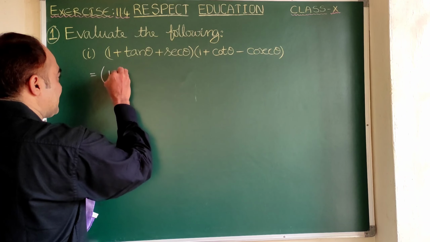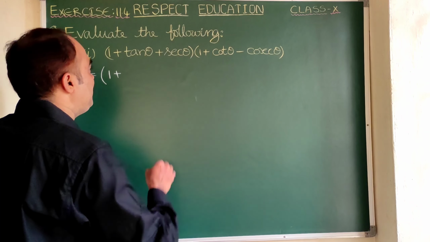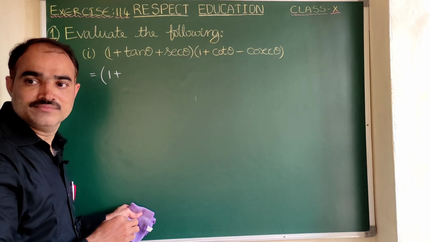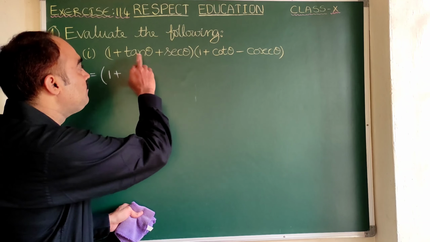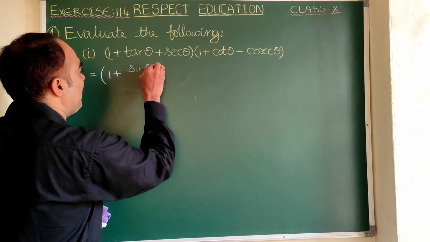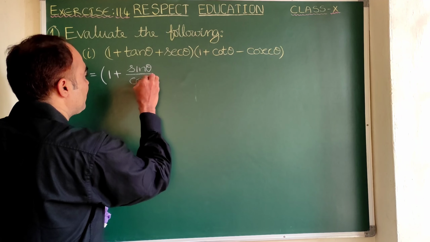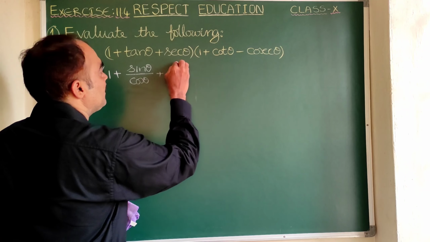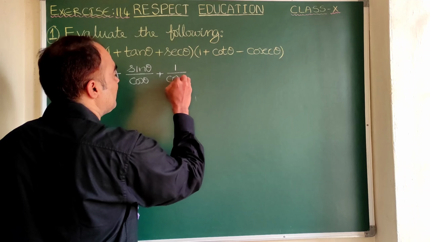I am writing 1 as it is. Can you tell me tan theta in terms of sin and cos? Tan theta is equal to sin theta by cos theta. Plus, same way secant theta is 1 by cos theta.